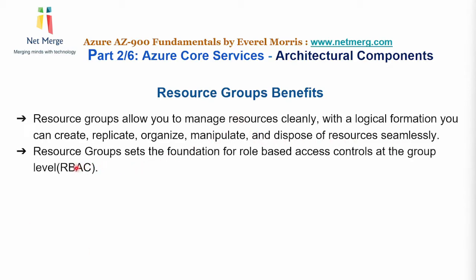Now, resource groups set the foundation for role-based access control, and group level role-based access control. I have not spoken about role-based access control yet, but in a nutshell, I'm going to give you a high-level idea as to what it is. Let's say, for example, you have a group of employees that you want to manage in your company. So you have a management resource group, and these are all your managers.